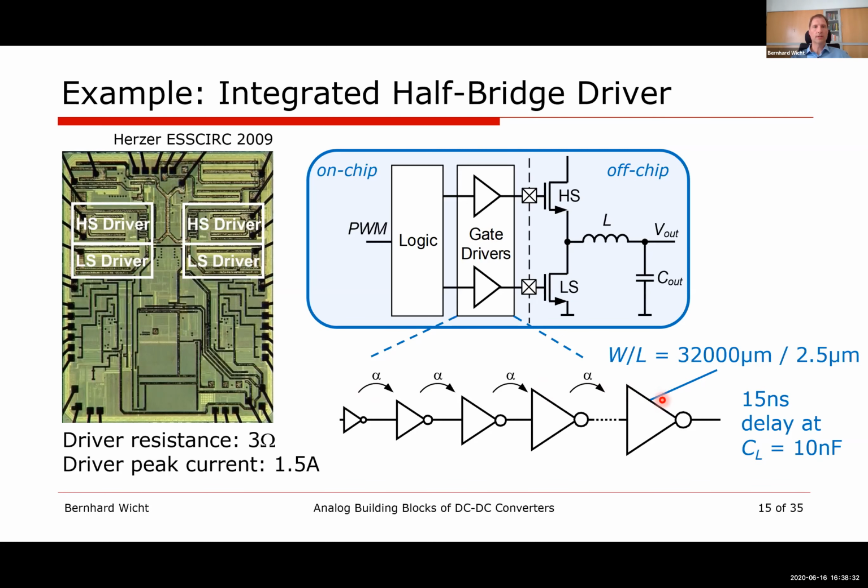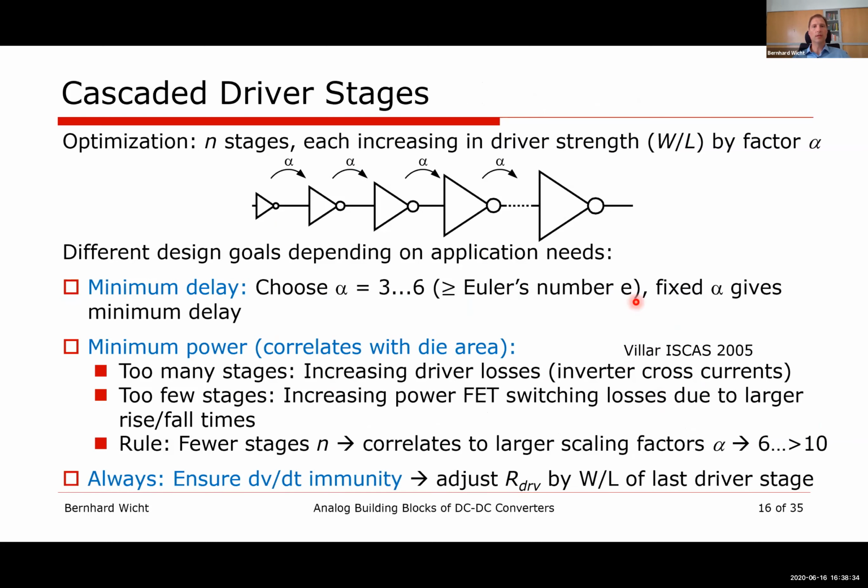Of course, there's not too much time to go into all details, but depending on the design goals and the application needs, we now need to optimize for various goals. From this optimization, we can conclude the number of stages and the value of alpha, which is the scaling factor. So the W/L ratio increases from stage to stage.